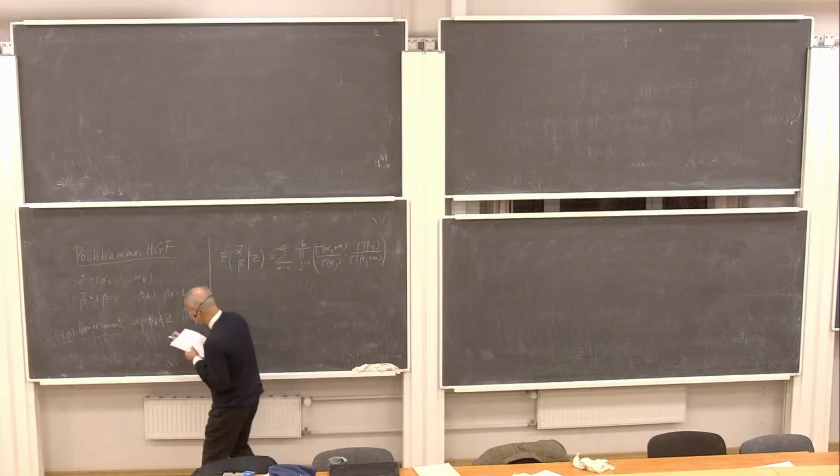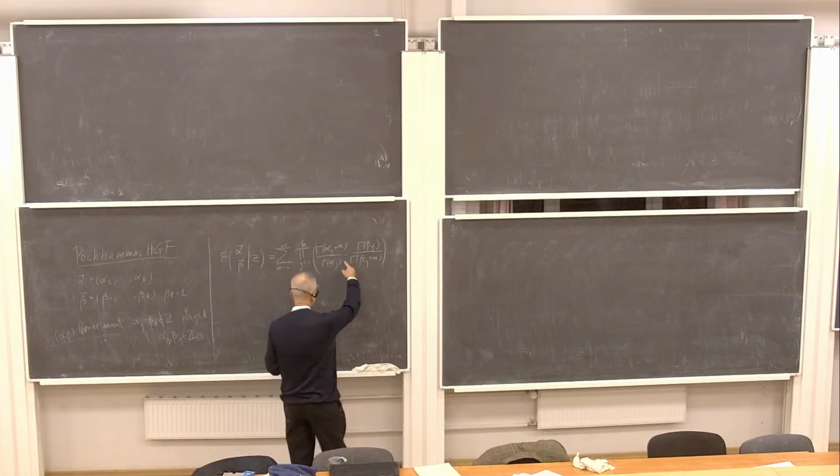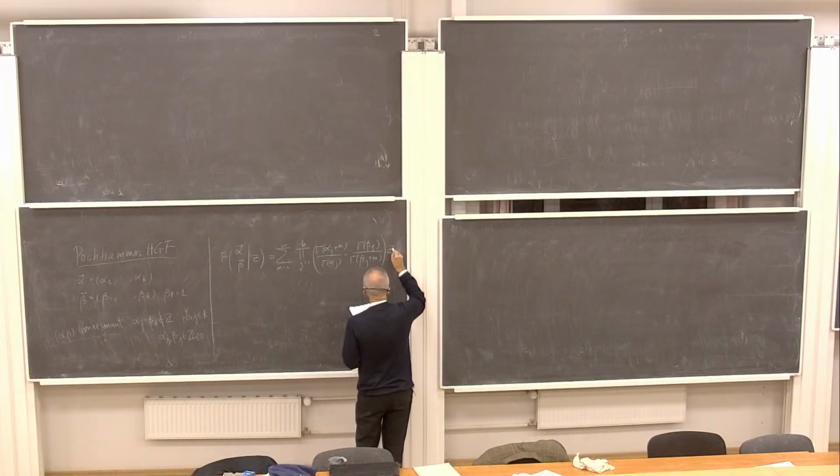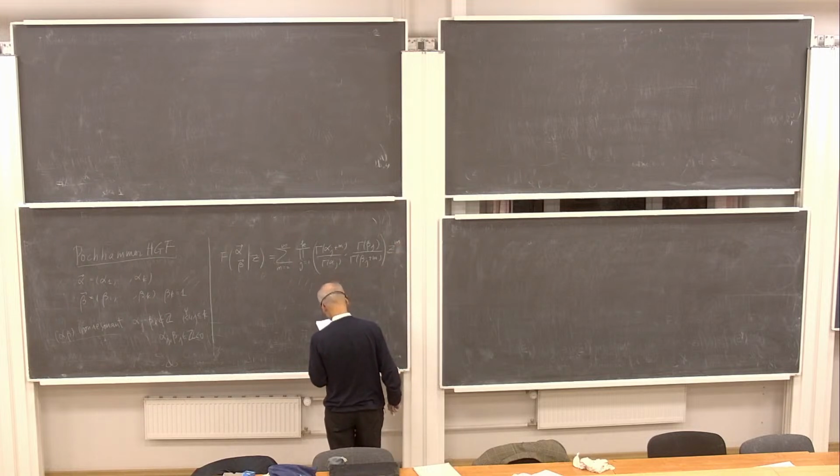That is, the alpha_j and beta_j are not negative integers or non-positive integers. Okay, this z to the power m. Yeah, that is the notation.